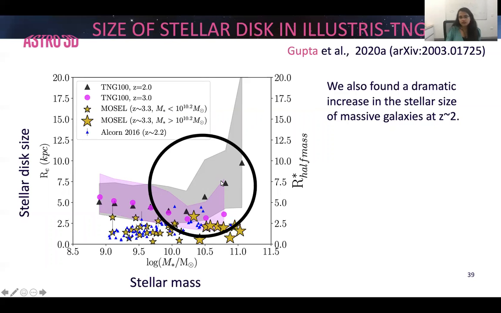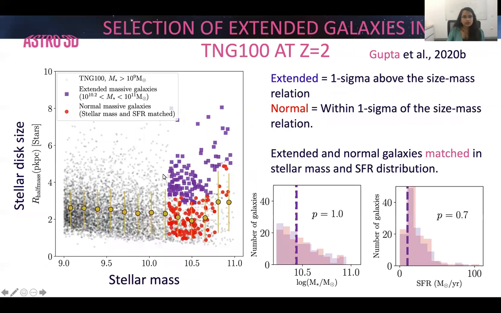So that was interesting. To try to see what led to this rise in the sizes of the galaxies, we tried to identify some galaxies which had developed these really large stellar sizes. This plot is essentially the previous plot, but now I'm showing the galaxy selection.